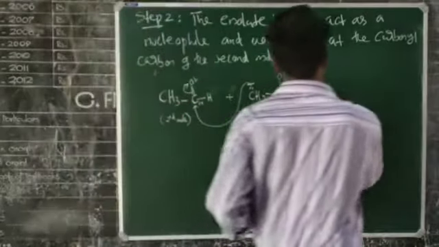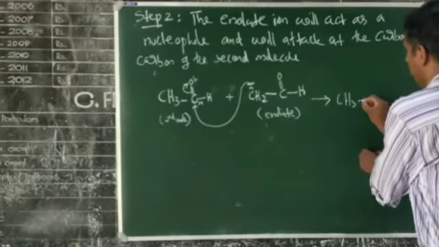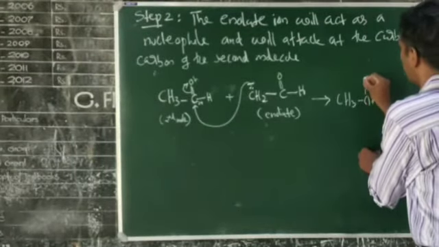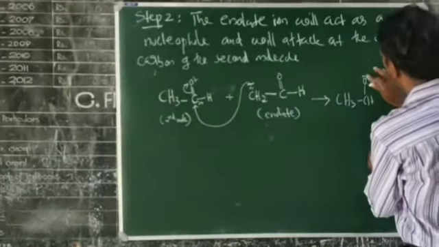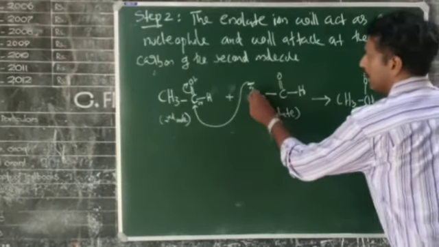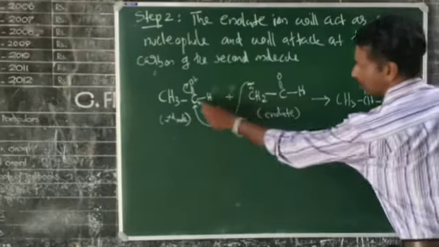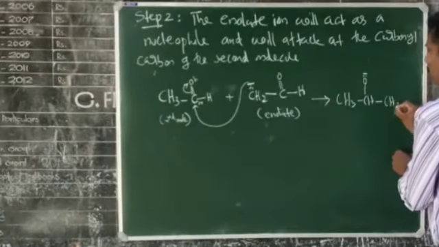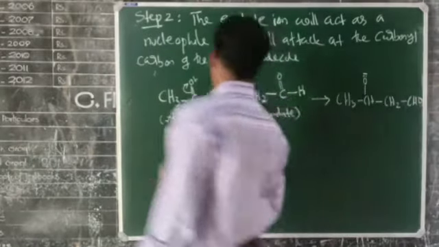So what we get is a structure like this: CH3, CH. This will become O minus because this pair of electrons is shifted to oxygen, O minus with a negative charge. Since this CH2 is attacking on this carbon, CH2 is joined. Clear?